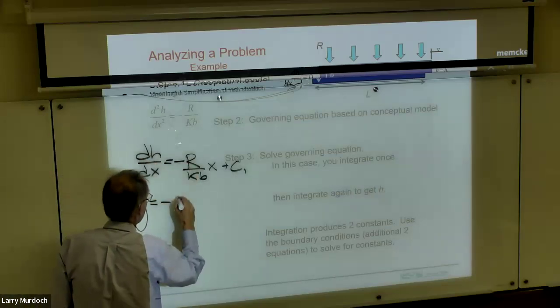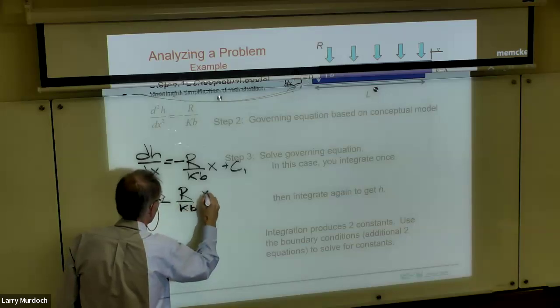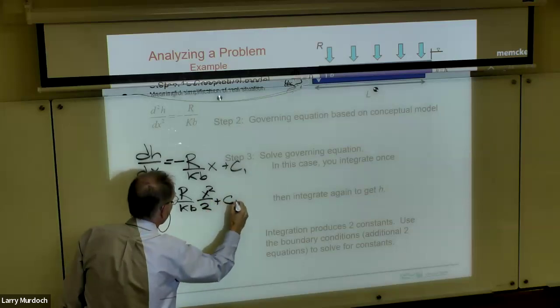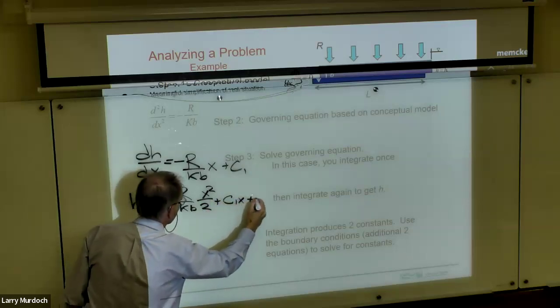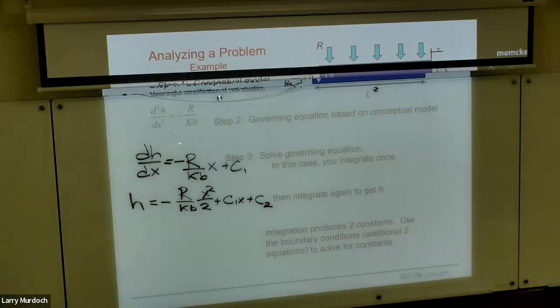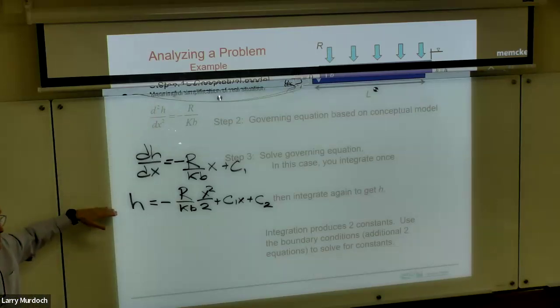And if we integrate this, we get R over T times x squared over 2. And if we integrate that, we get C1 x. So that's essentially solving this equation for the head. We just do it by integration.